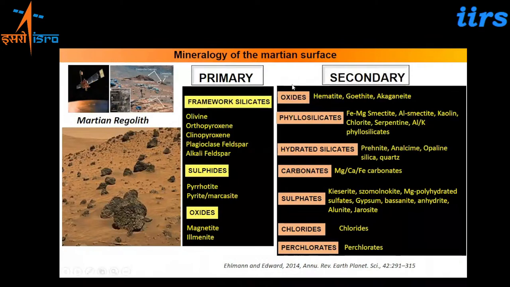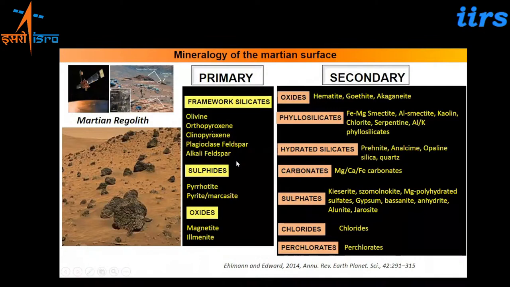So the minerals are categorized into primary and secondary. Primary minerals are the most abundant, mainly of basaltic or andesitic composition, and characterized by the minerals olivine, orthopyroxene, clinopyroxene and plagioclase feldspar, and also evolved lithology in the form of alkali feldspar has been detected on Mars.